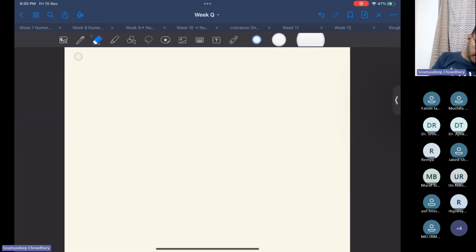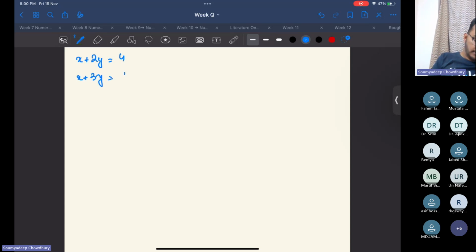So the equations are x plus 2y equals 4 and x plus 3y equals 9, right? The first one, if I express it like this, is x by 4 plus y by 2 equals 1, and this will be x by 9 plus y by 3 equals 1.